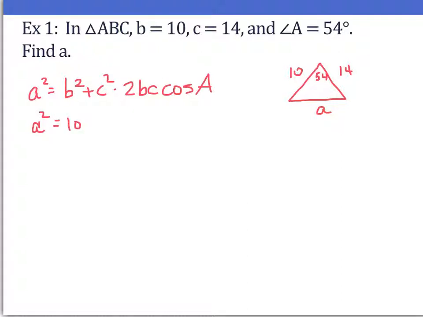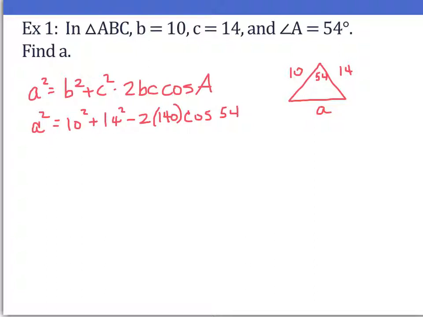So 10 squared plus 14 squared minus 2 times bc, then that's 140 if you multiply those together, and then cosine of 54. Now you really want to be very careful when you multiply. I prefer to put this all on the calculator all at one time, and then I don't have to worry so much about order of operations.